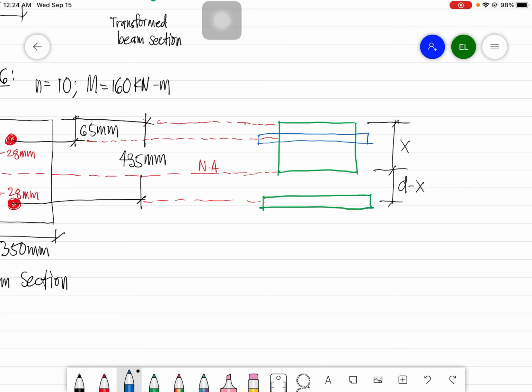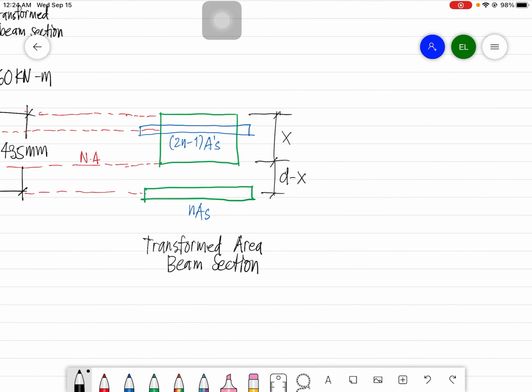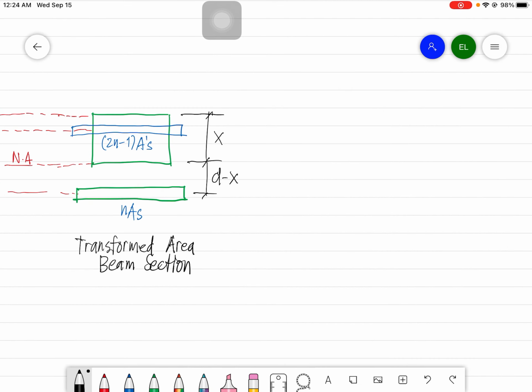Take note that this one here is 2n minus 1 times As prime, and this is still nAs. Okay, so this is now your transformed area or transformed beam section.